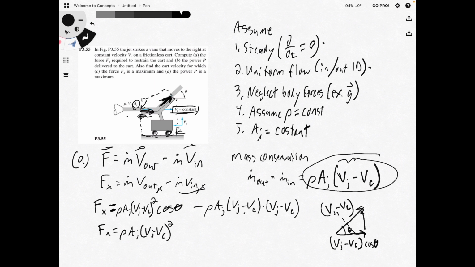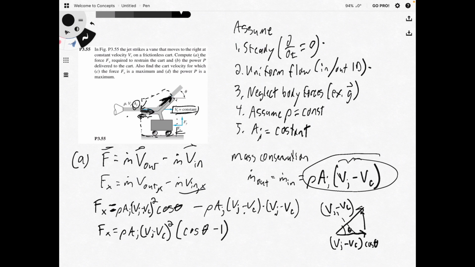Same term on both sides, and then times cosine theta minus 1.